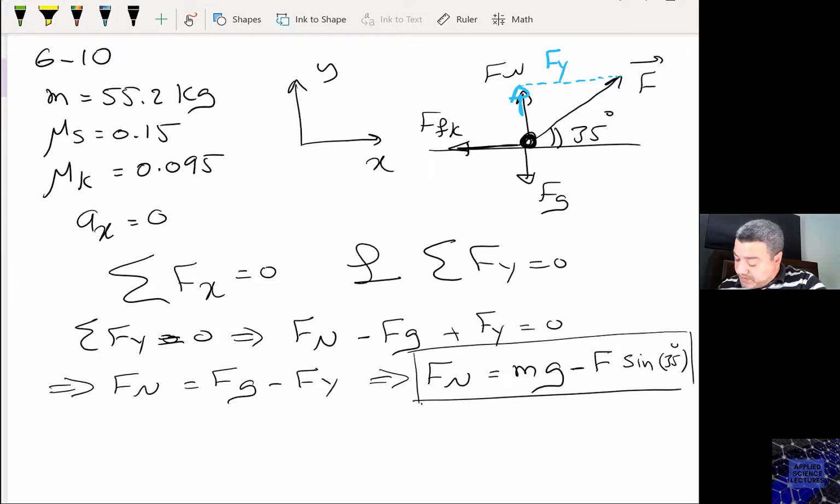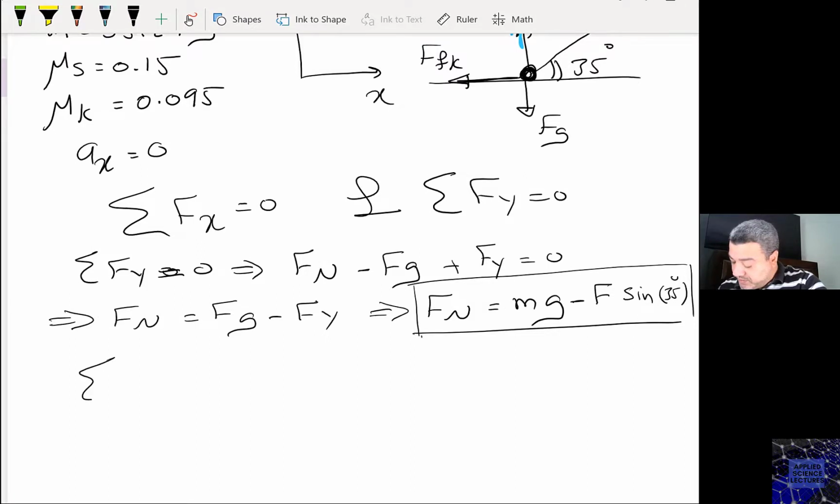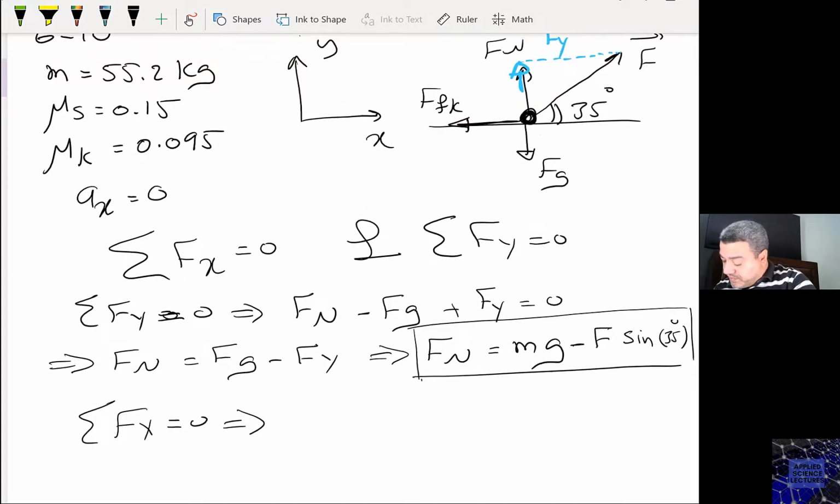From sigma Fx, sigma Fx equals 0, what do I have?